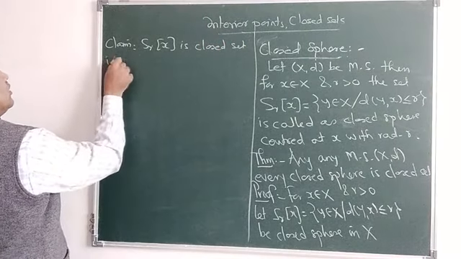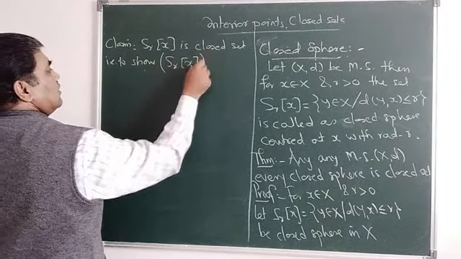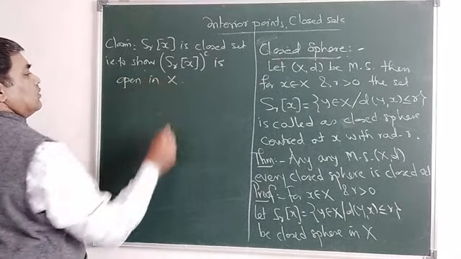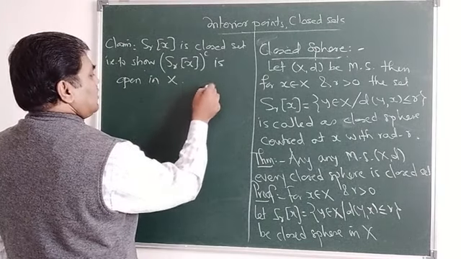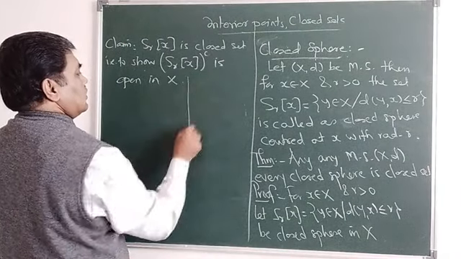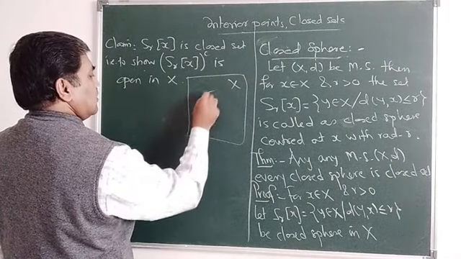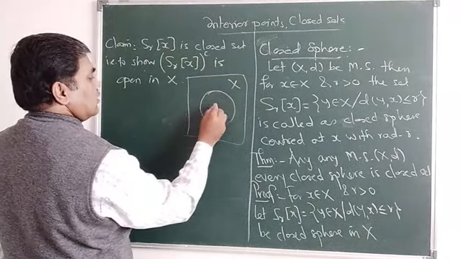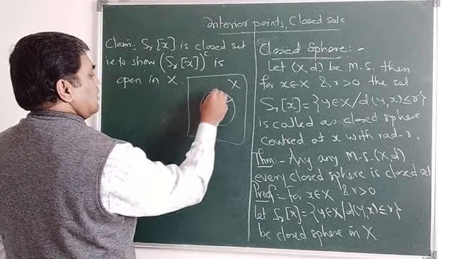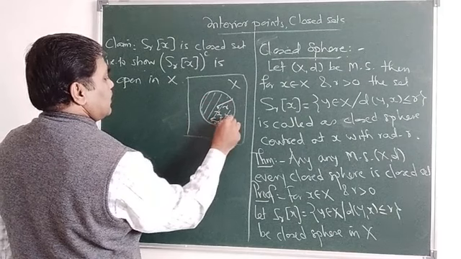That is, to show its complement, the complement of S_r[x], is open in X. So say this is my x, this is my radius r, this is your S_r[x], the closed sphere.